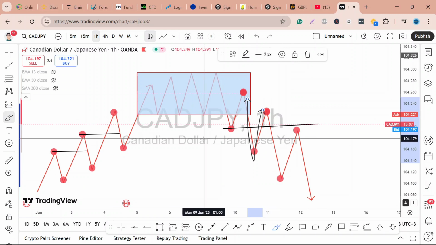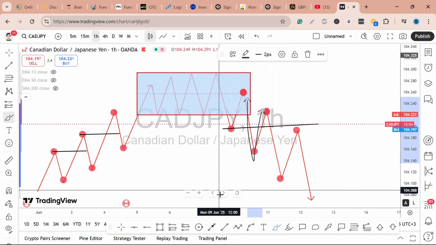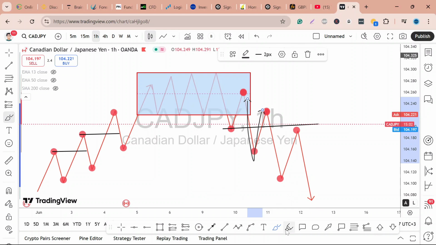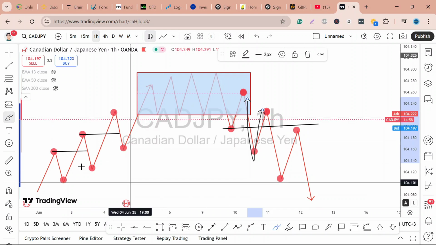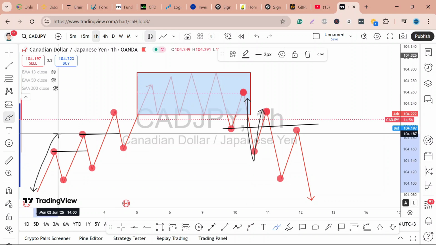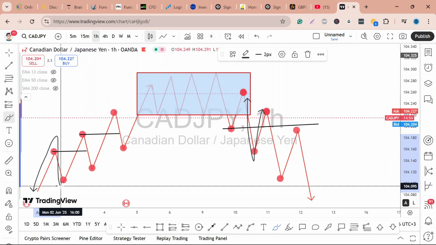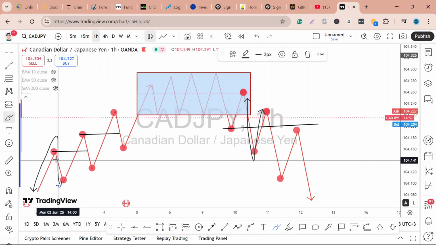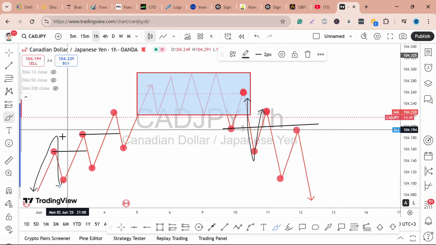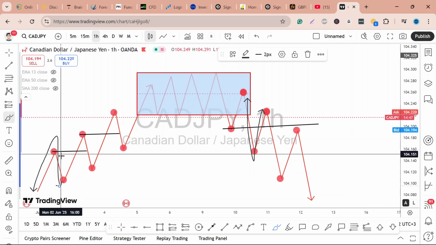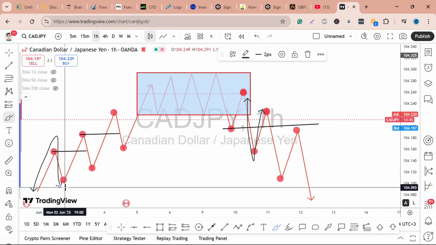Now, one thing that you need to understand is that in this particular case, where we are having the market structure, we will be having the impulse move and the correction. In an uptrend, we have a move upward, then the market pulls back.